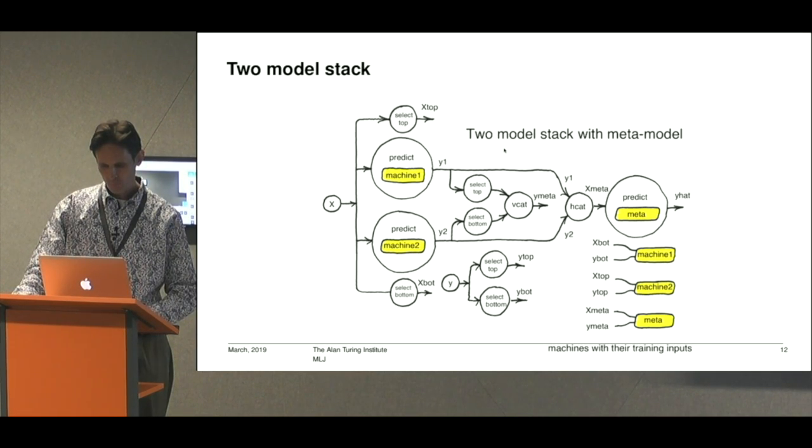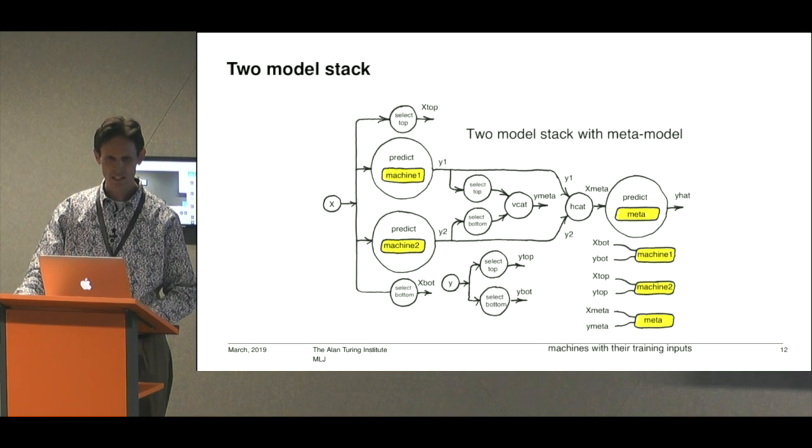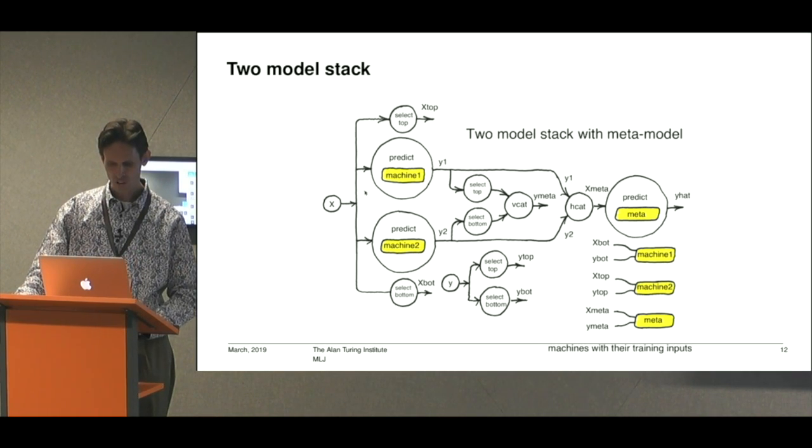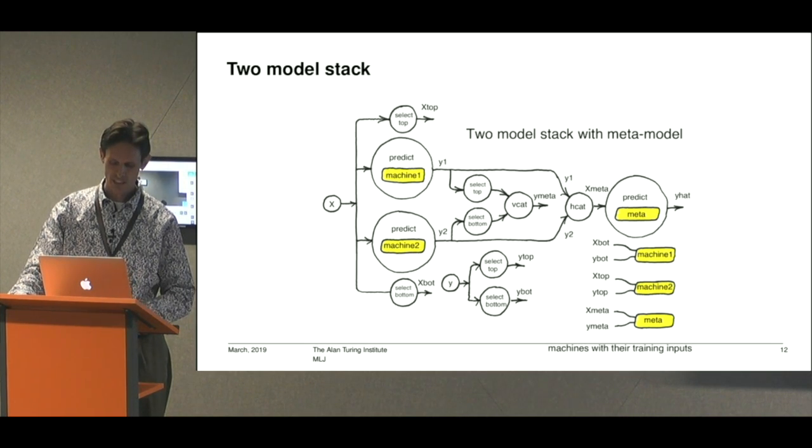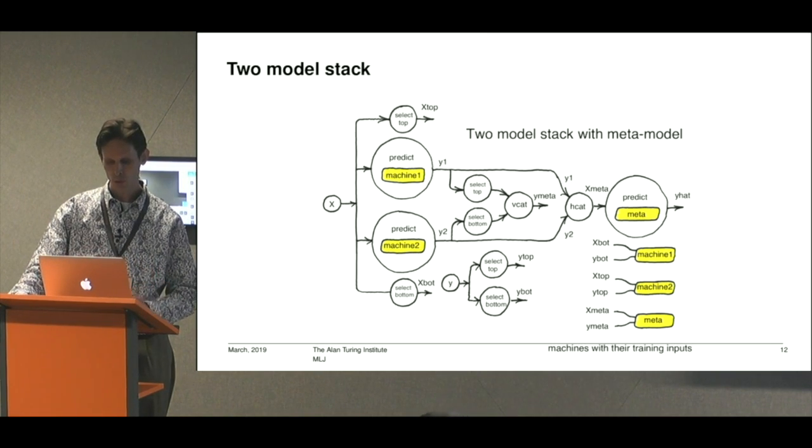Now, the subtlety comes in when you train them, because the way information flows in the training phase of building this network is a little different. And that's something that MLJ takes account of, so that it separates those two different networks, if you like.